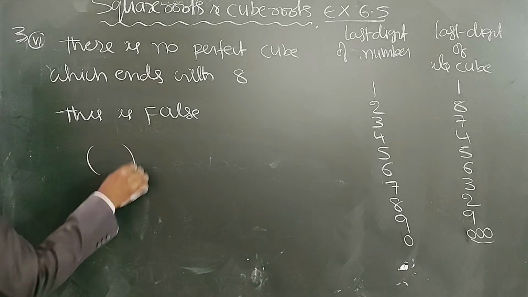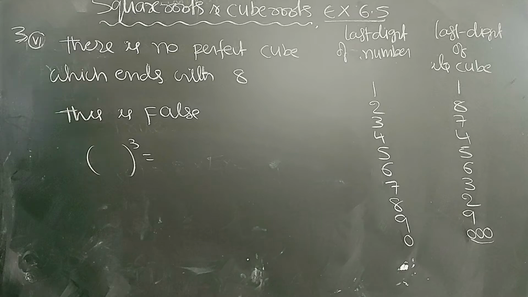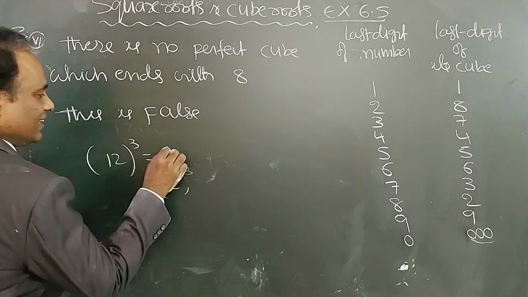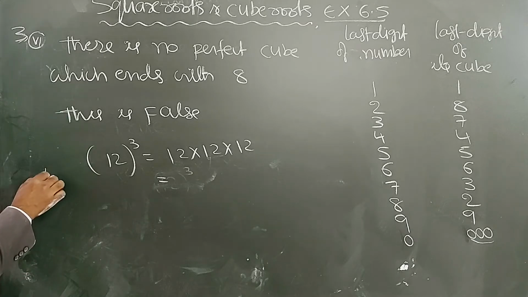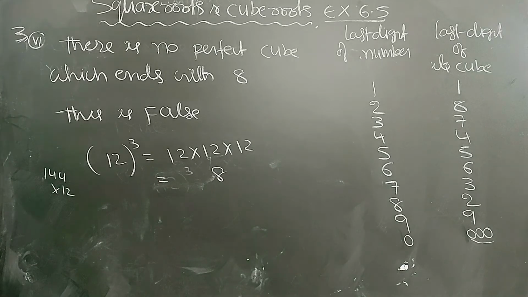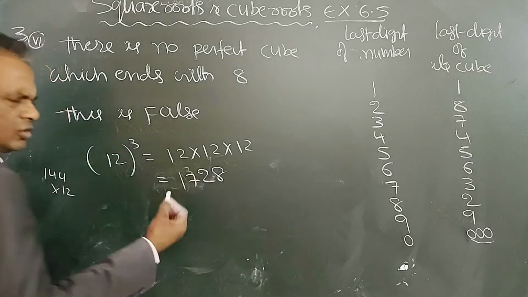It is wrong, because if you take 12, 12 into 12 into 12, you check it.